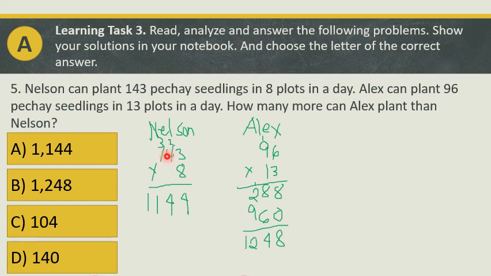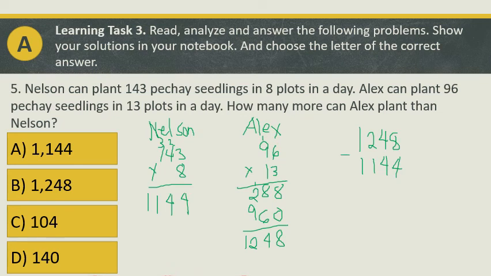So, ang tanong dito is, how many more can Alex plant than Nelson? So, si Alex daw ay nakakapagtanim ng 1,248 pechay seedlings, while Nelson naman is 1,144. So, subtract natin kasi ang clue word natin dito is how many more. Gaano mas madami yung kay Alex kaysa kay Nelson.